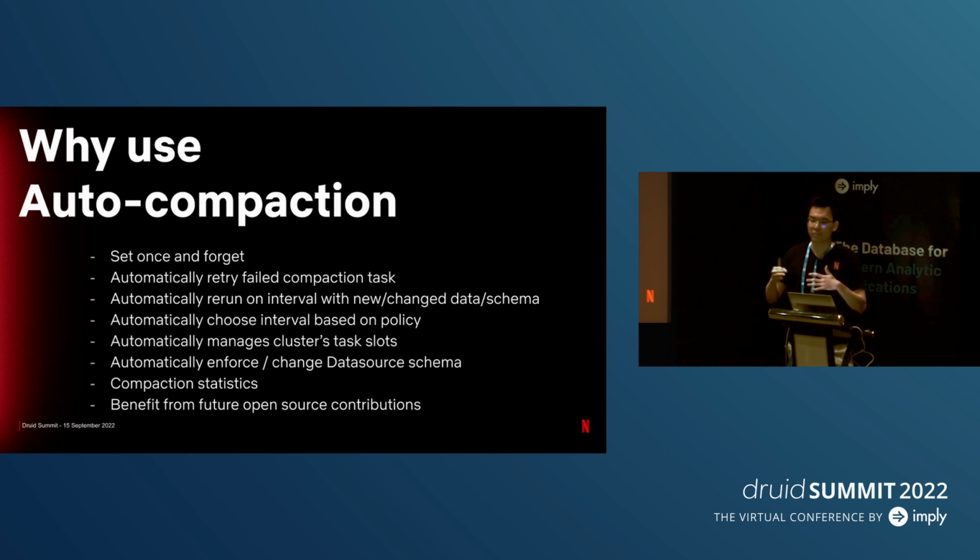So if it had more dimensions before you compacted it, after compaction, it will just have A, B, C, for example. So you can enforce a schema on your data source. You will also get compaction statistics, seeing how many segments or intervals are compacted versus not compacted, and you can monitor that progress.